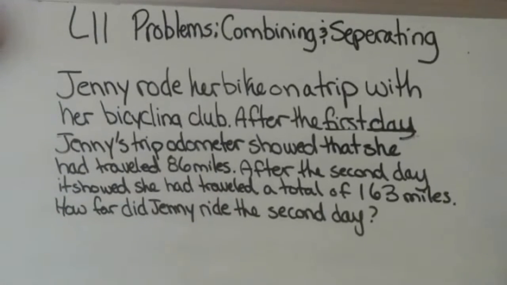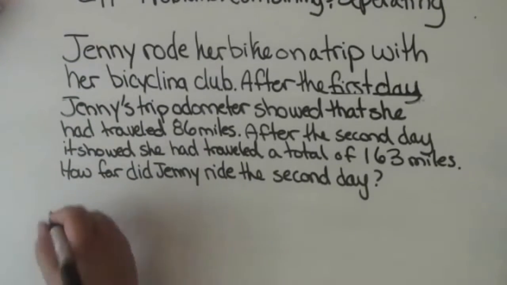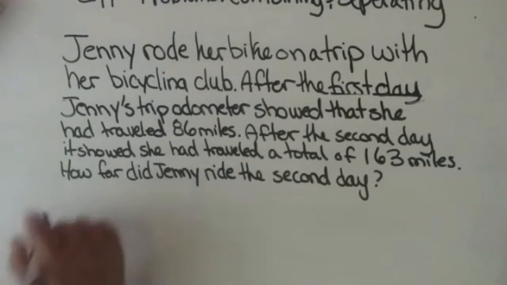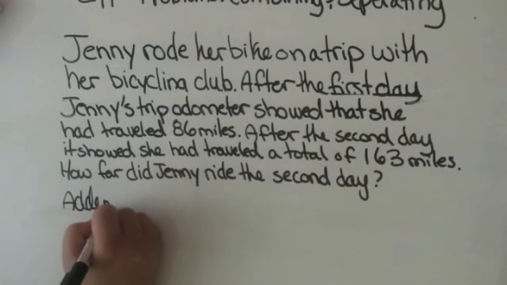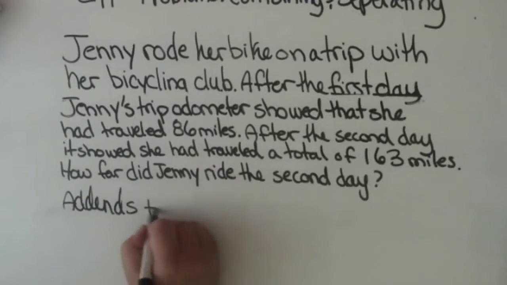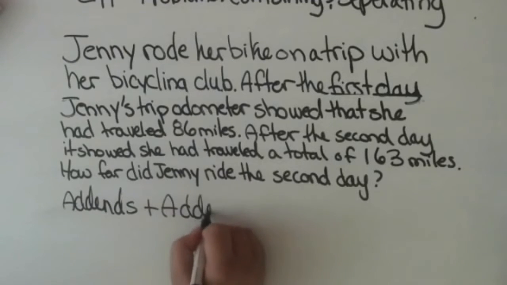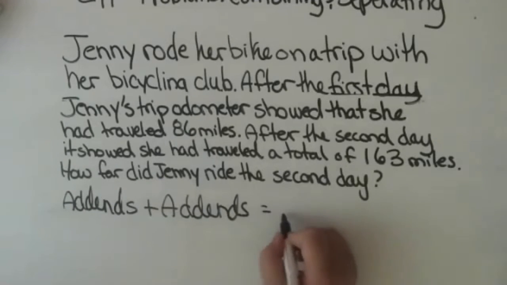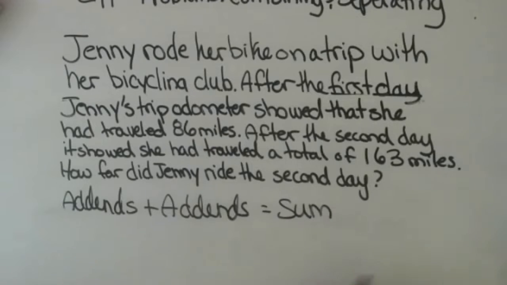When you are adding, you have two addends or more that equal a sum. Okay, now this is how we're used to looking at addition. Addend plus addend equals sum.